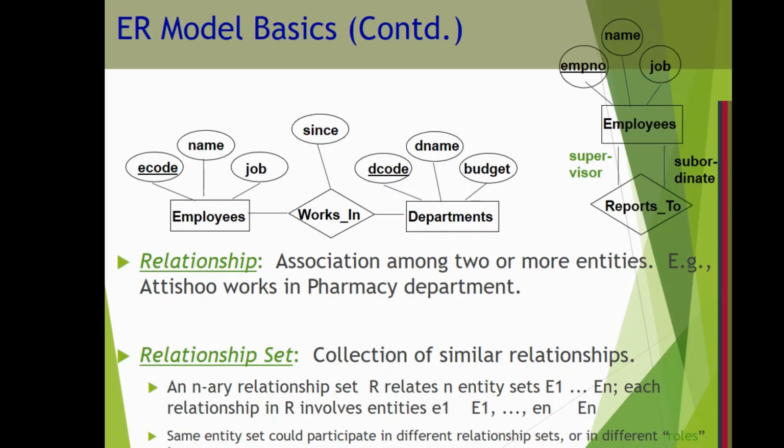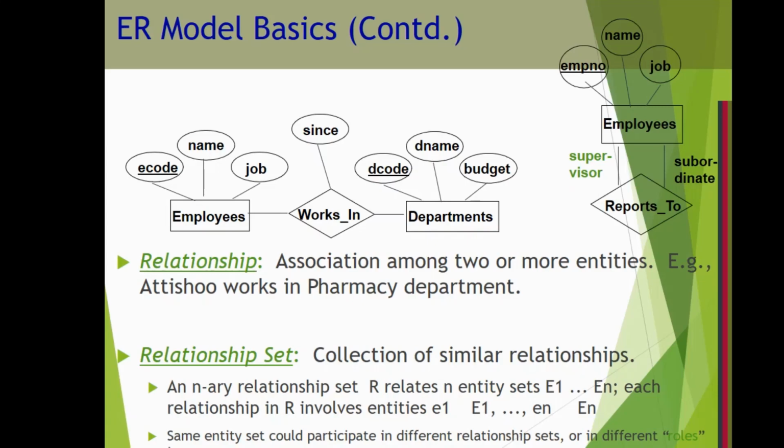Now works in is the relationship. It could be possible that even relationships have attributes. The one shown in the diamond or rhombus is nothing but the relationship. Employee is an entity, department is an entity, and the relationship between them is works in. Why is there a since?